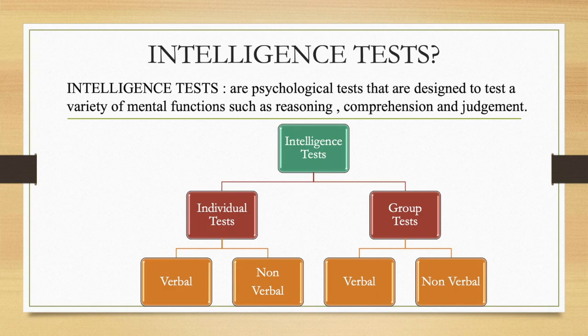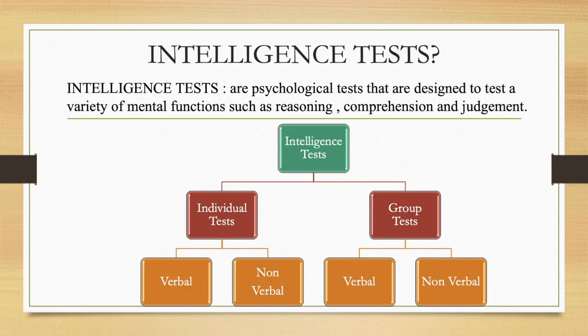Let's understand what we mean by verbal tests. These are the tests which would require the usage of a language, whether it is English, whether it is Hindi, whether it is even mathematics, wherein the sums would require the knowledge of mathematics.